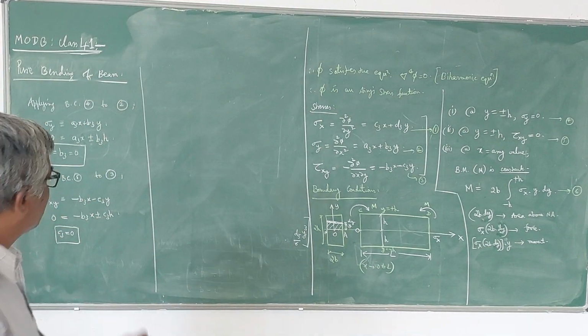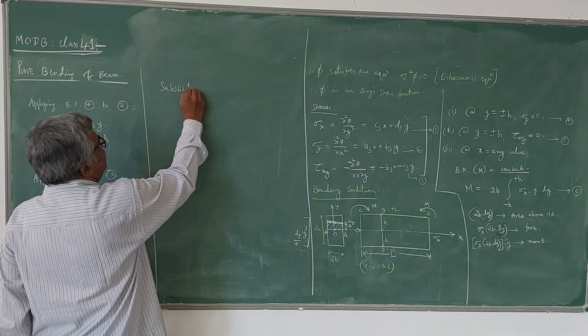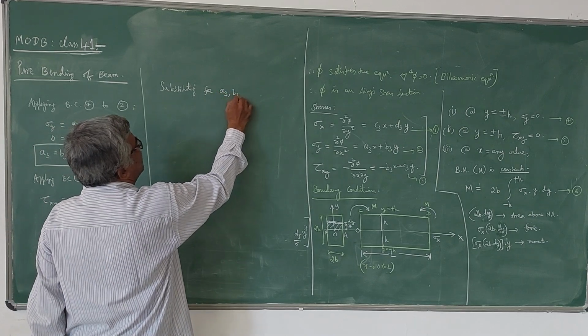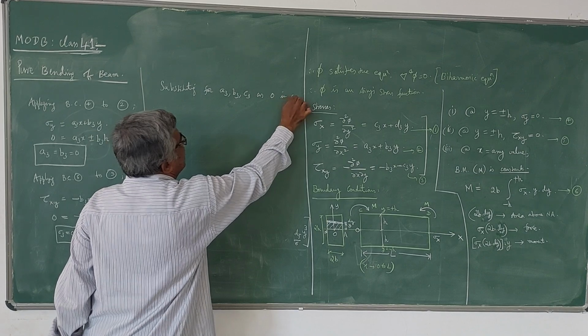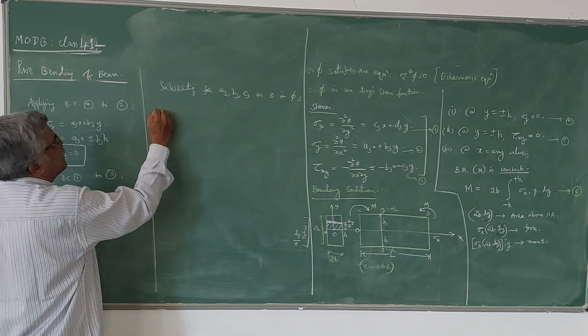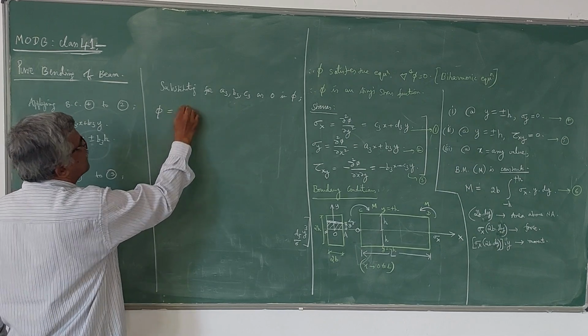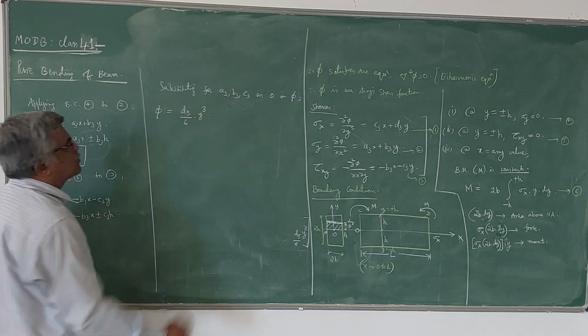So substituting a3, b3, c3 as 0 in the expression for 5, only the last term will be remaining, as the first three terms become 0: d3 by 6 into y cube. This is what we get.